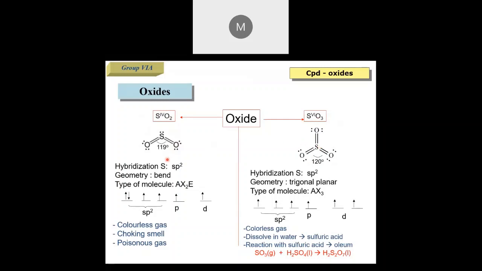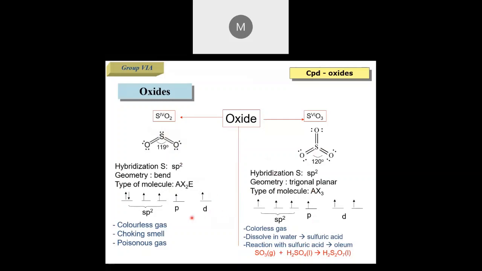Hybridizations, they are the same. And on the left, the sulfur dioxide, one of the hybridized orbitals involves the lone pair of electrons. The geometry is a bent shape on your left, and on the right, it's a trigonal planar shape. And here, I believe you have known the notation for the type of molecule.